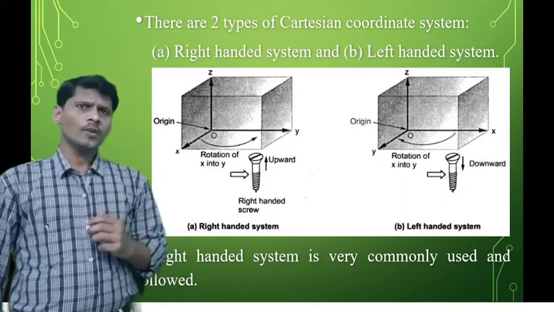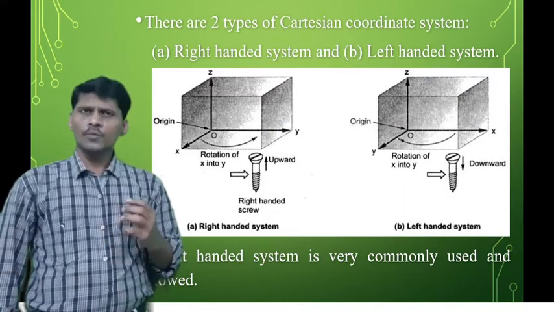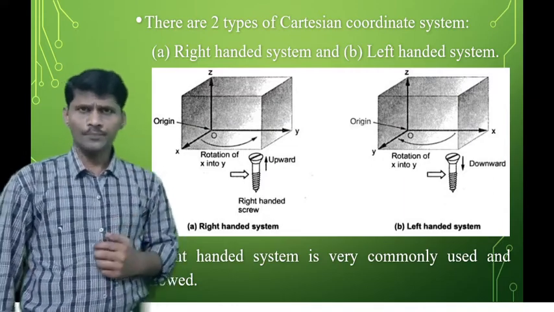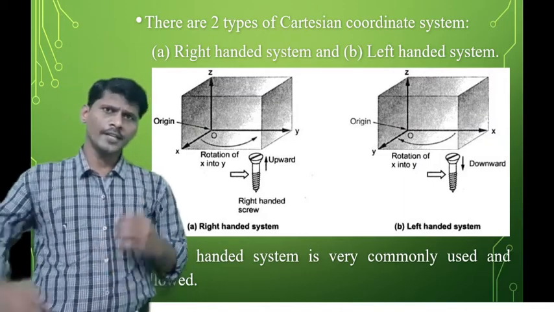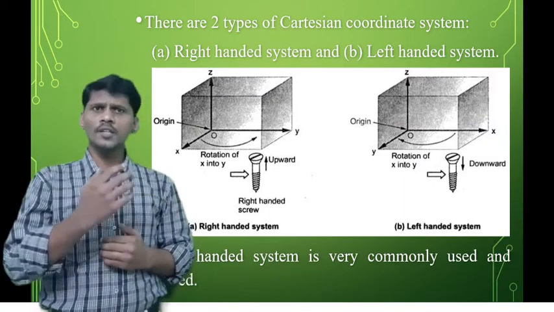The right-handed Cartesian coordinate system is very commonly used and followed. In any textbook, the right-handed coordinate system is generally followed.